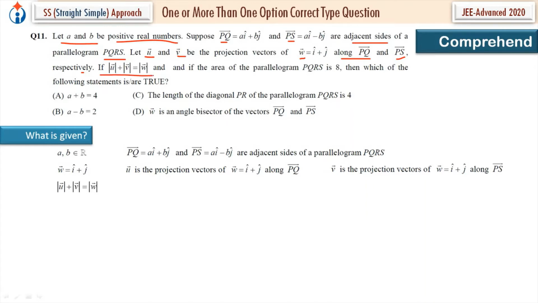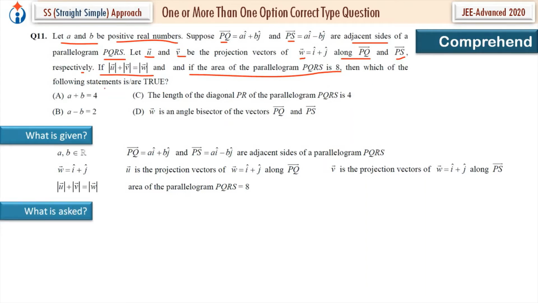If magnitude of vector U plus magnitude of vector V is equal to magnitude of vector W, and if the area of the parallelogram is 8, then what is asked?